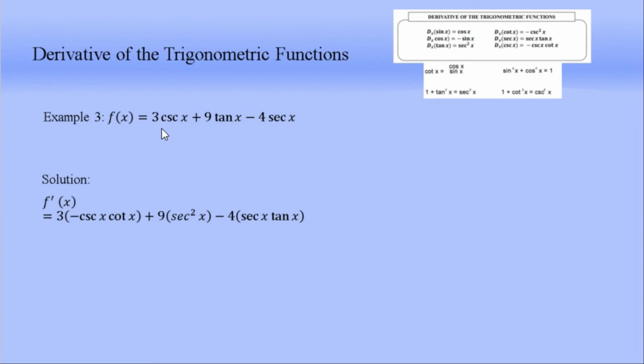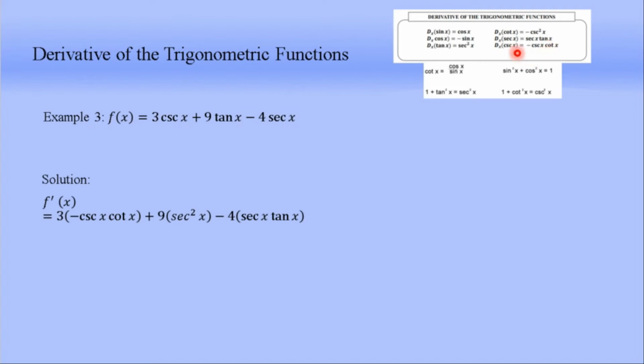So for each term we used the constant multiple rule. So we separated, and we determined the derivative of cosecant x.